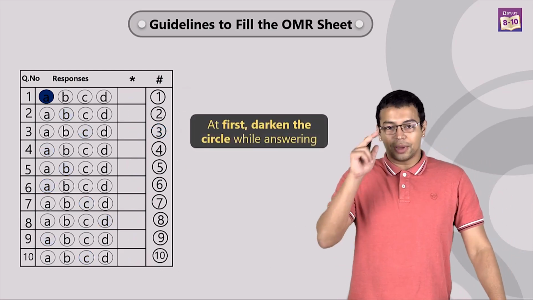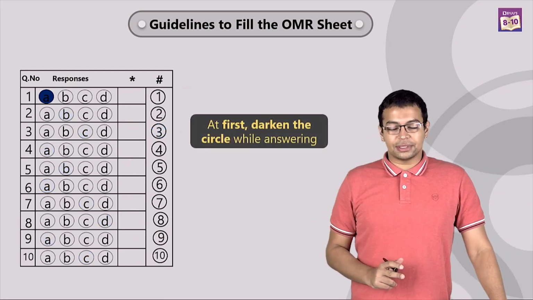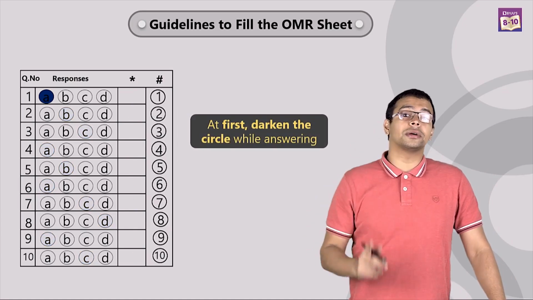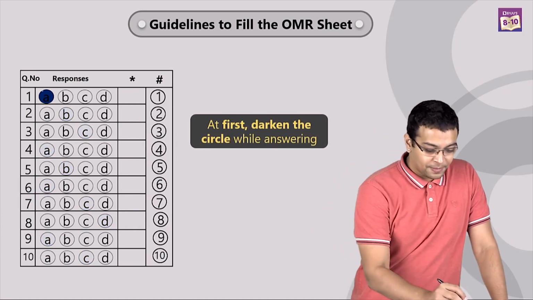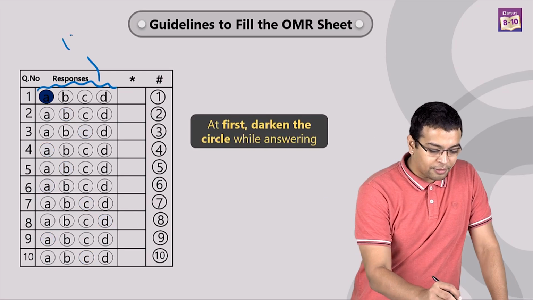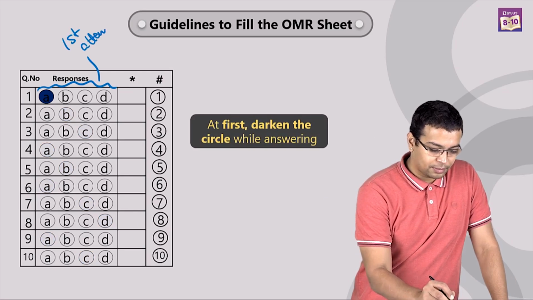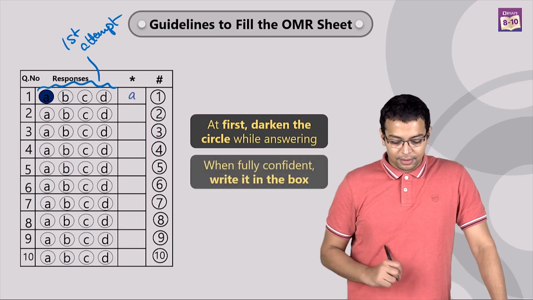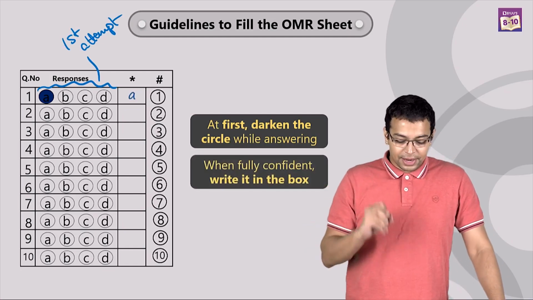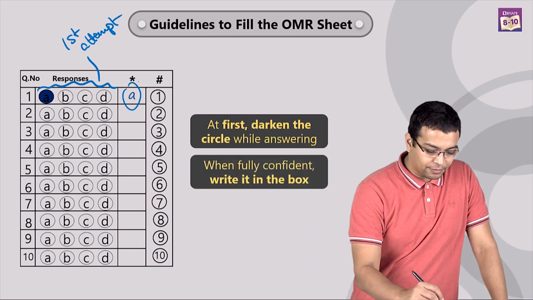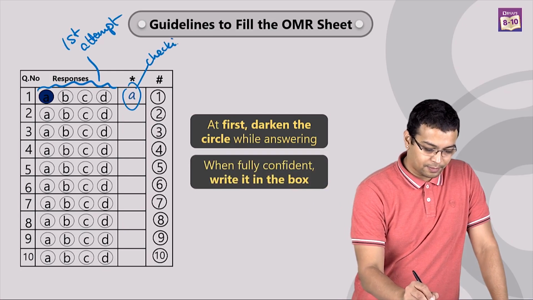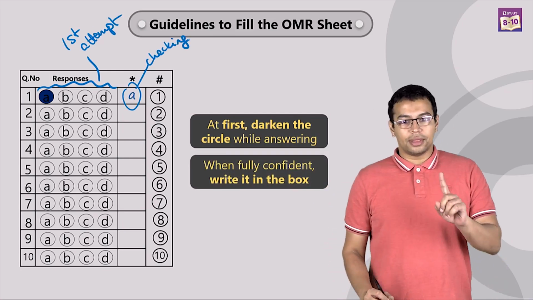Great. At first, quick check. Darken the circle while answering. Keep in mind, darken the circles alone when you're doing your first attempt. This piece, keep it for your first attempt. Okay. Then, when fully confident, write it in the box. This part, keep it for your checking. Okay. Got that?